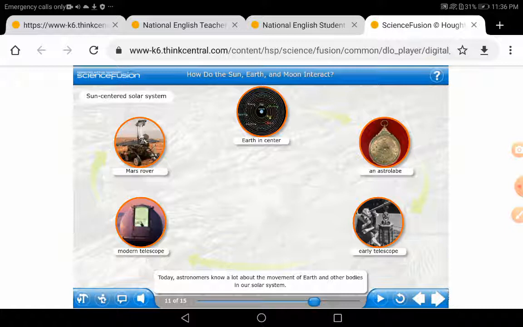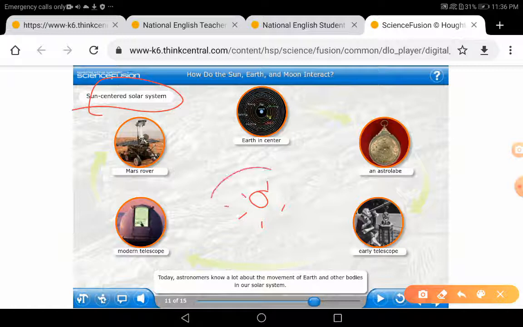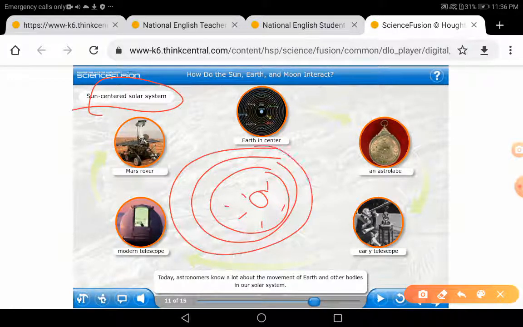Now, this slide is talking about sun-centered. What do we mean by sun-centered? It means that the sun is in the center of the solar system. Other planets revolve around the sun. Previously, they said that it is Earth-centered.